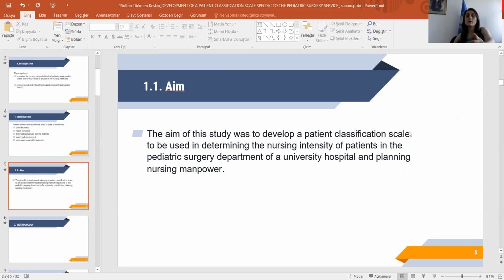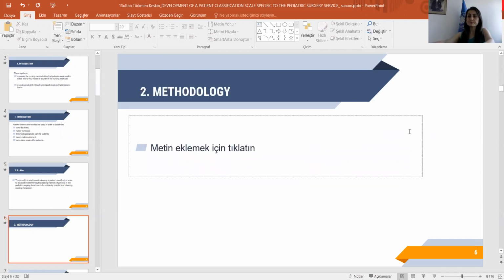So the aim of this study was to develop a patient classification scale to be used in determining the nursing intensity of patients in the pediatric surgery department of the university hospital and planning nursing manpower.